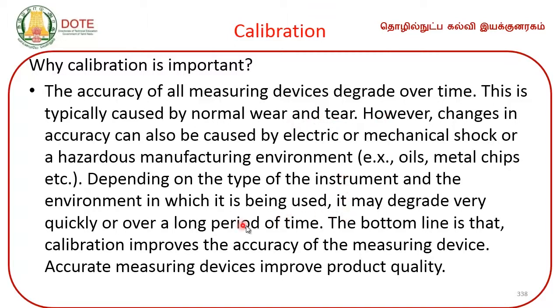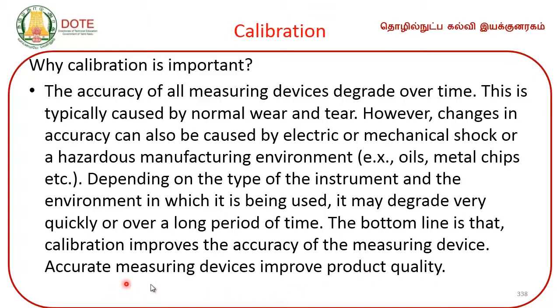Okay, so it may degrade very quickly or over a long period of time. So the bottom line is that calibration improves the accuracy of the measuring device. Once you know how much error there is in the instrument by comparing with the standard one, you come to know the accuracy of the instrument, right?